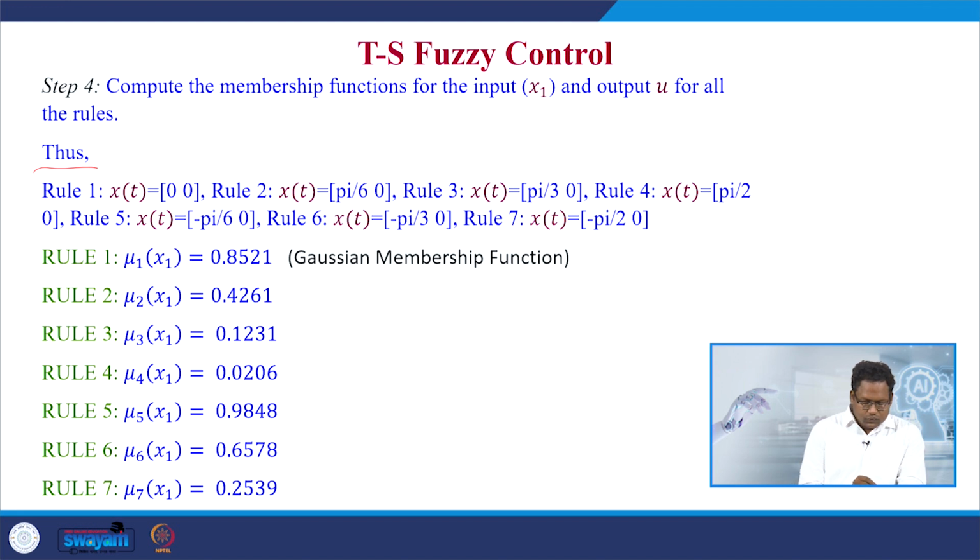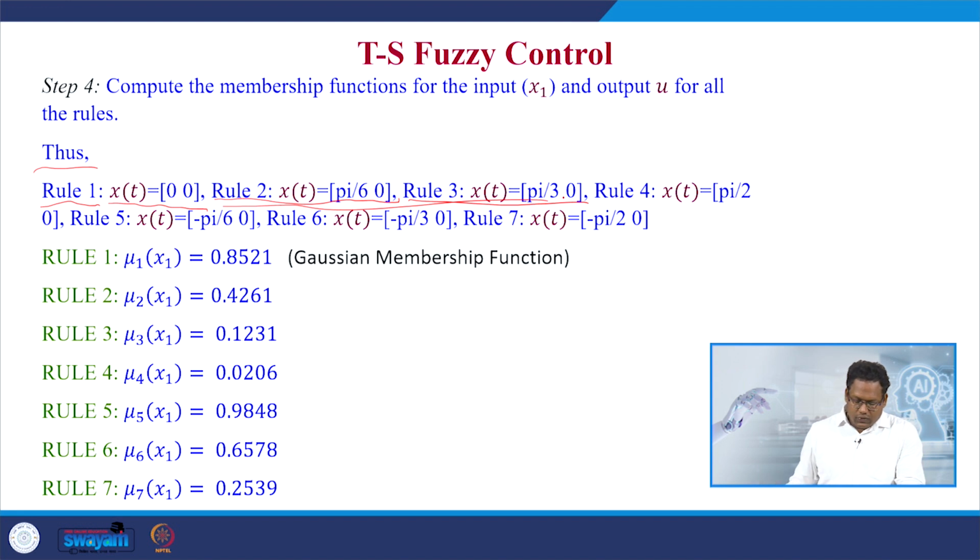So, for rule 1, x of t equal to 0, 0, and for rule 2 it is x of t equal to pi by 6, 0, and for rule 3 x of t can be taken as, in my case I have taken like this. We can also take rule 2 pi by 6, 0, rule 3 can be minus pi by 6, 0, but I have taken the positive after the 0.